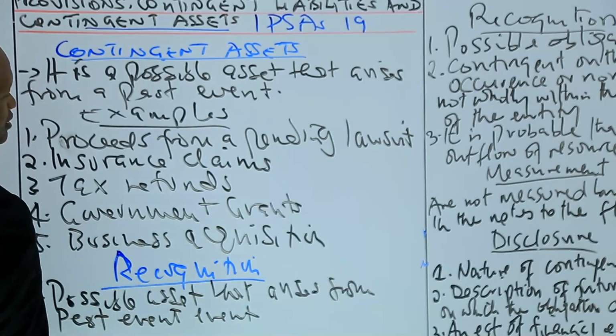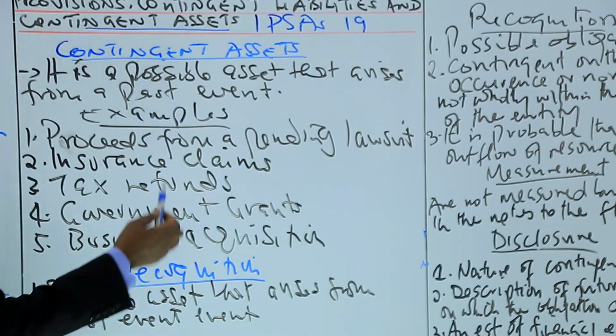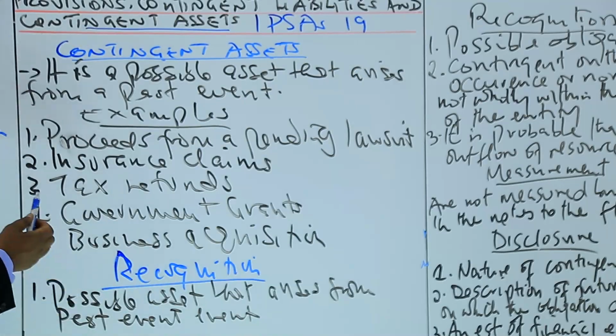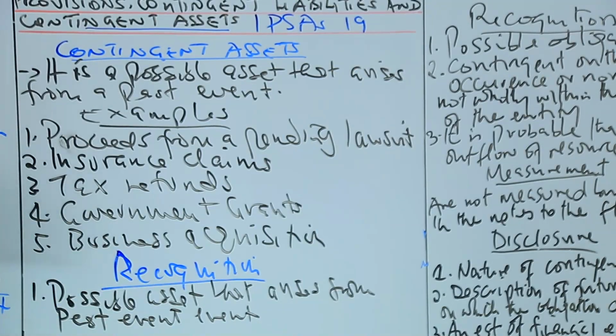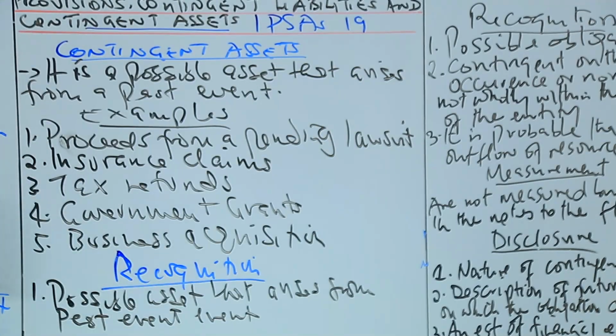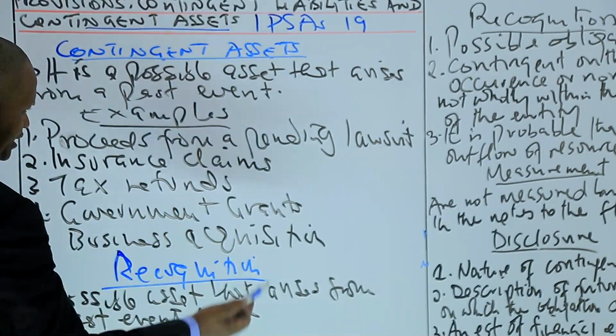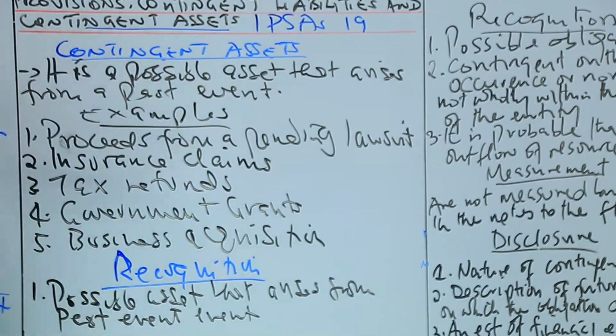Possible asset. Proceeds from a pending lawsuit is a possible asset. At the moment it's not, but the company may win a lawsuit against a competitor, and after winning, then that money, cash, becomes an asset, but in future.